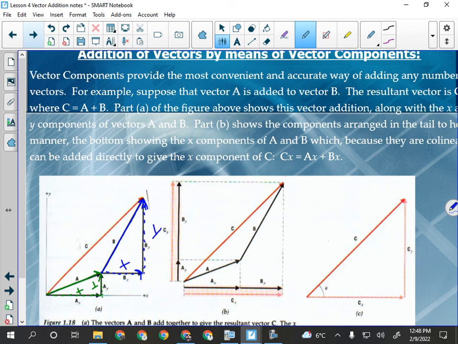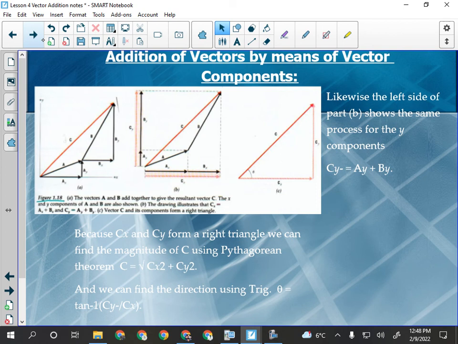As they're showing here, if I take blue X and green X, I would get red X, and if I took the two Y's, I would get red Y, which is what we did mathematically. Does everyone understand that kind of graphically? So that's what we did, and that's the reasoning behind using vector components.